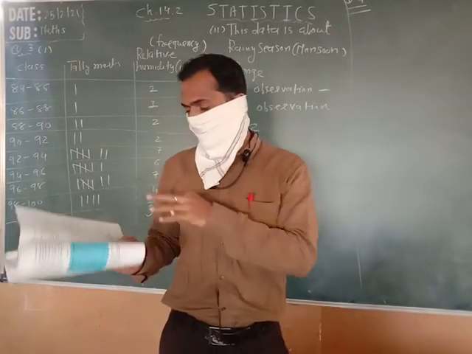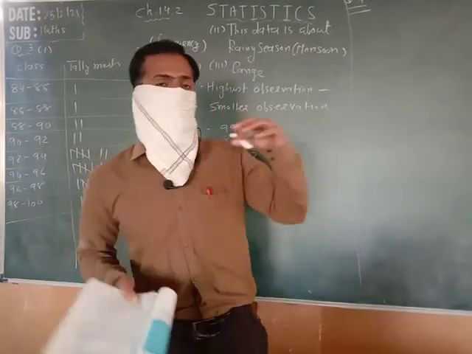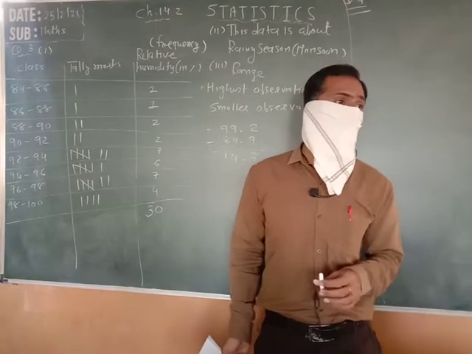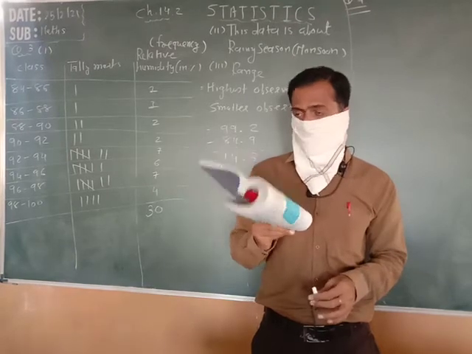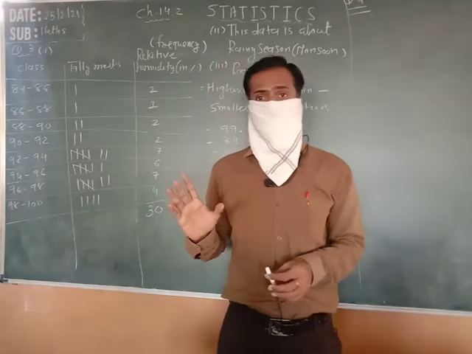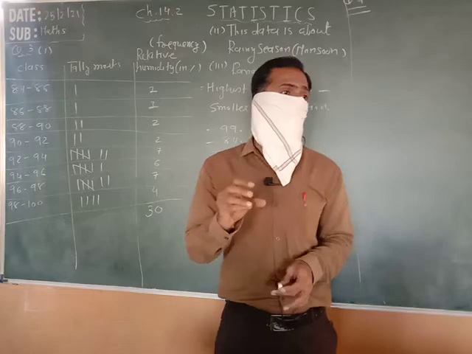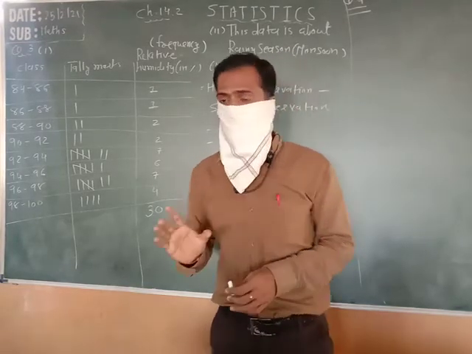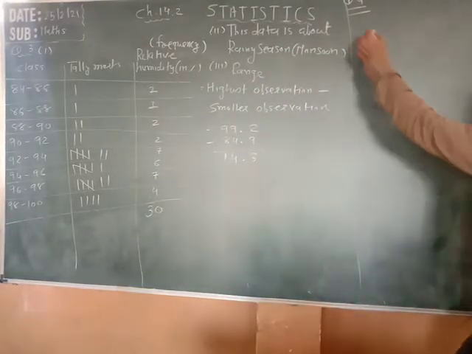The class interval is 5, so one class before 165 is 155 to 160, and moving back, 150 to 155. So our classes will start from 150 to 155, including the smallest and the largest observation.